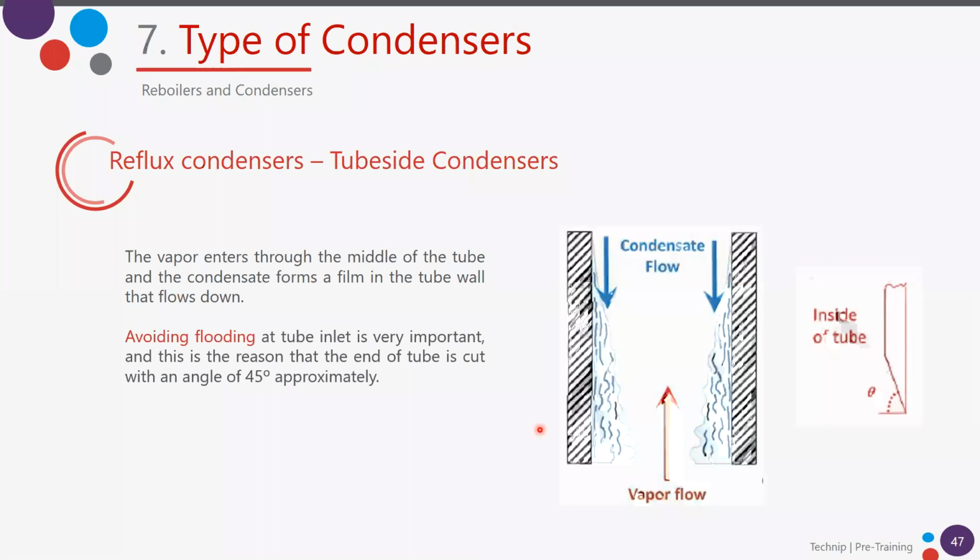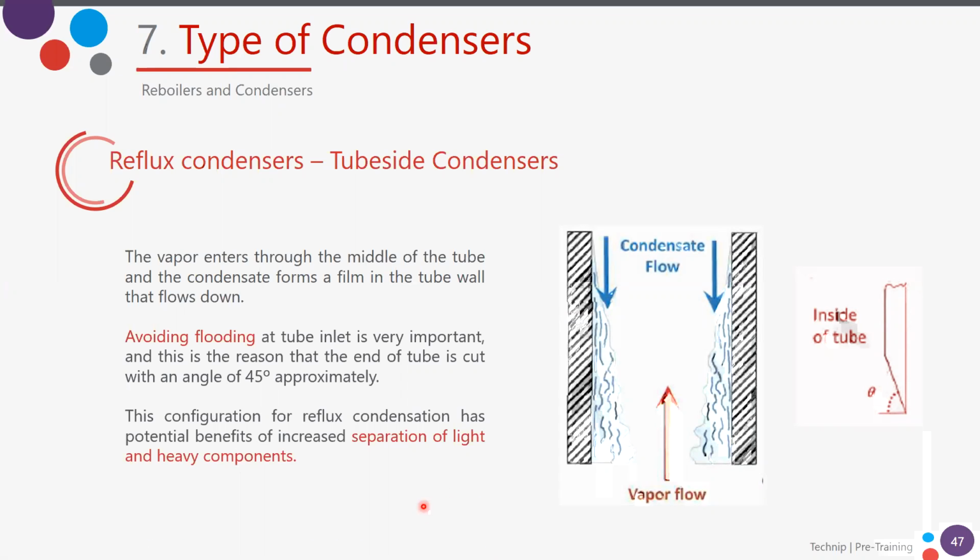Avoiding flooding at the tube inlet is very important, and this is the reason the ends of the tubes are cut at an angle of approximately 45 degrees. Tubes cut that way help avoid flooding at the tube inlet.